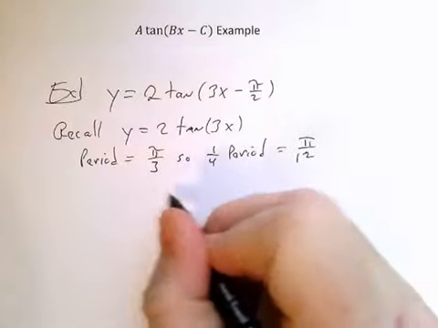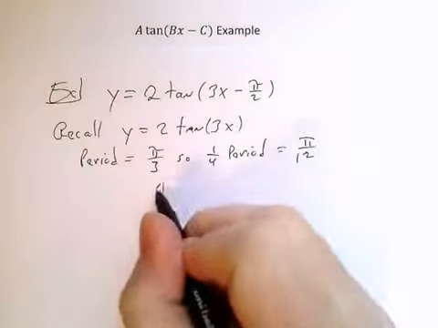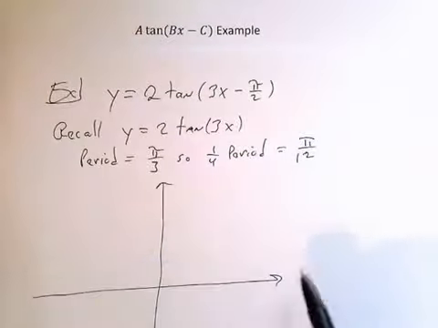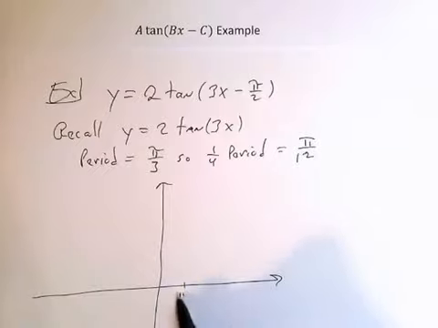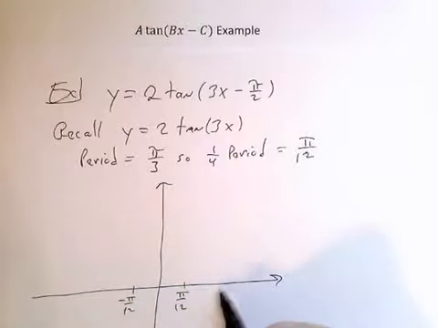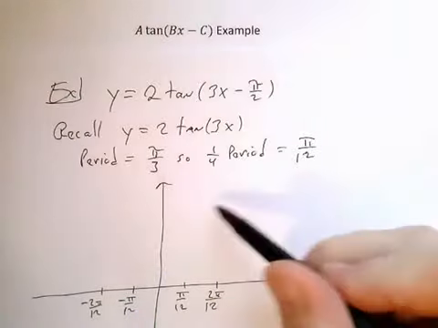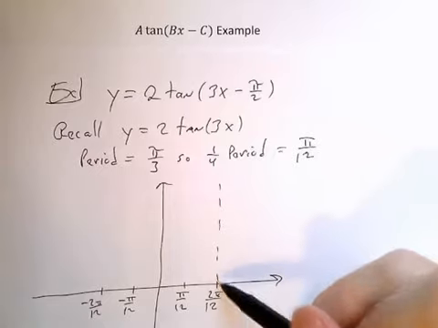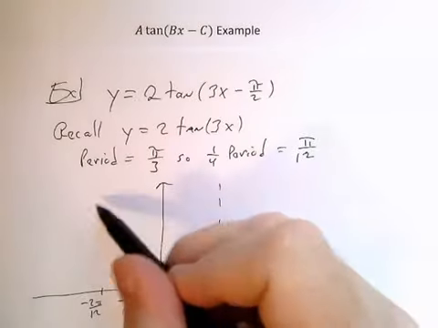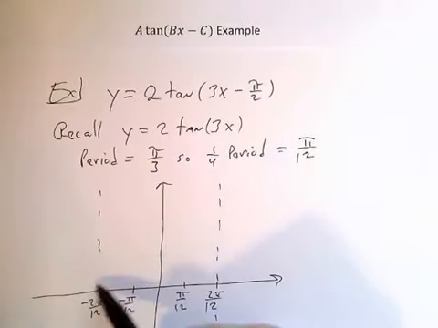So remember our graph here, we have our tick marks at pi over 12, negative pi over 12, here's 2 pi over 12, negative 2 pi over 12. I haven't really simplified those tick marks, because I'm going to think about this.